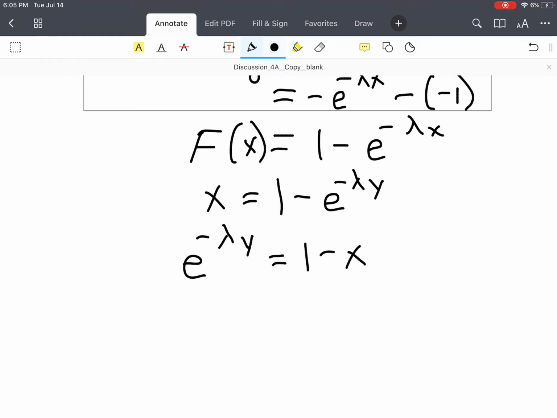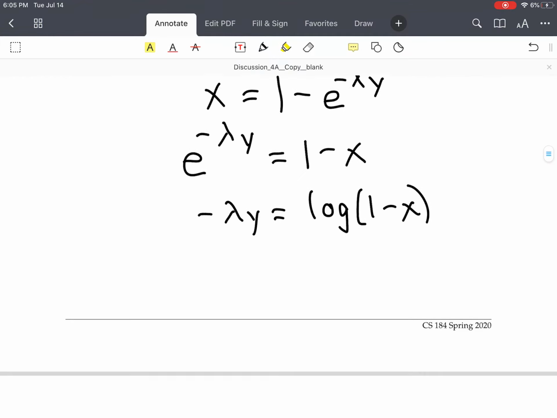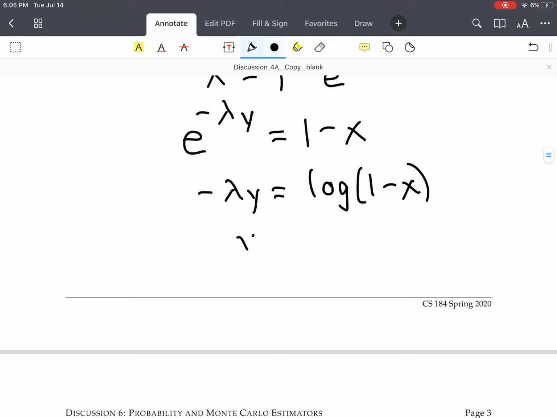Take the log of both sides. Negative lambda y is equal to log of 1 minus x, and here the log is the natural log, that's implied. And then the last step, we get y equal to negative log of 1 minus x over lambda.